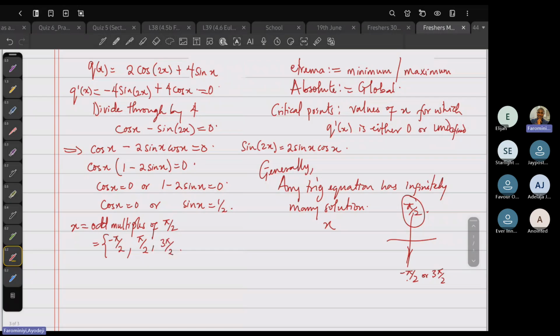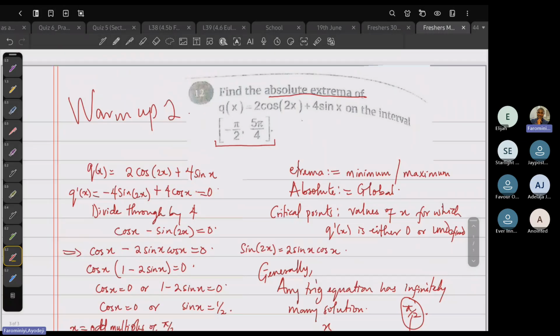So what is 3 pi over 2? Let's check if it is in this region. What is 5 pi over 4? That is 5 times 45 degrees. What is 5 times 45? I think that should be 225, if I'm not mistaken.